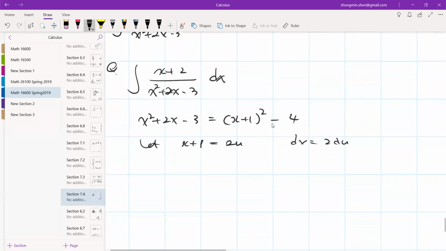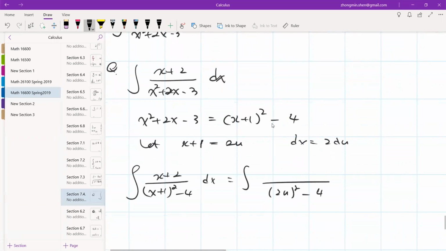So the above integral is going to be 2u squared minus 4, right? X plus 2, how can I replace by u? So x plus 2 is x plus 1 plus 1. It's 2u plus 1, okay?